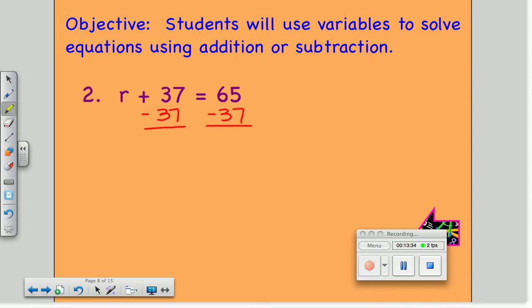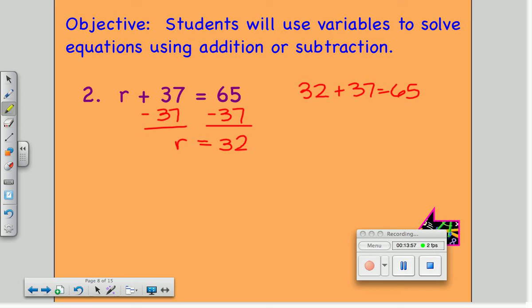So, r plus 37 minus 37 is r, combining like terms. 65 minus 37 is 32. Make sure r is 32 plus 37 is 65. Yes, that's no.